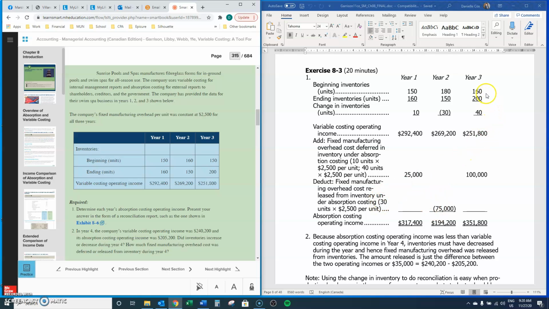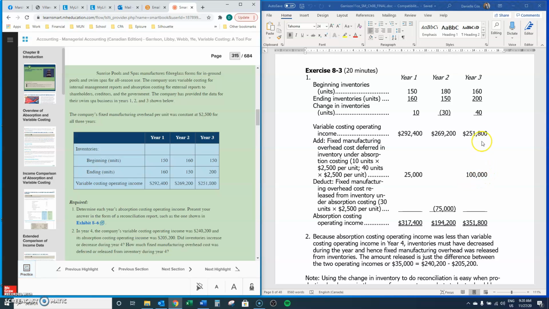And then in year 3 again, it should be 150 and then 200, but they have 160. But the same logic applies: inventory grew. So our inventory increased. Items were added to inventory, which means there were costs attached to those items that are now being deferred in our inventory.